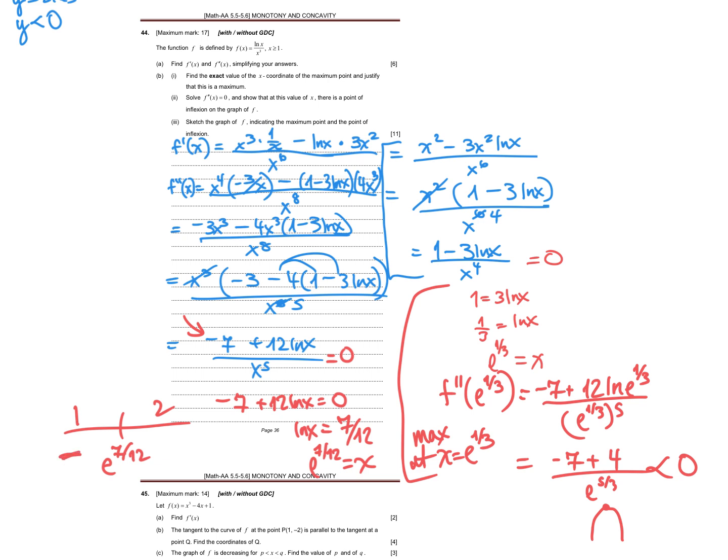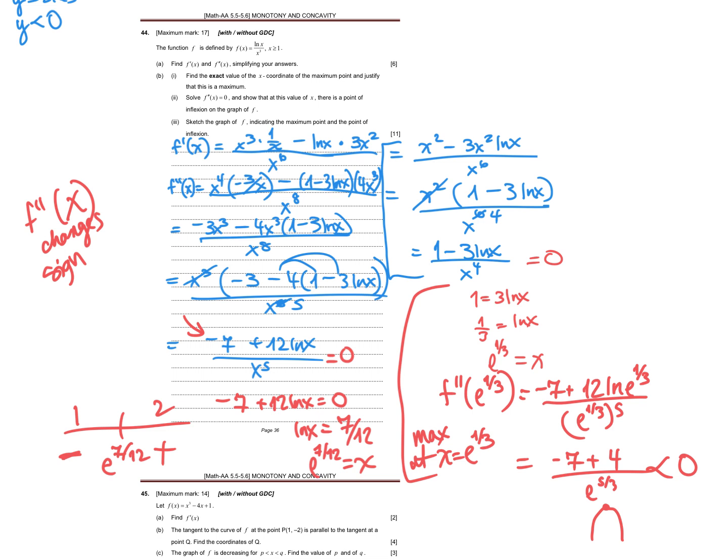This is negative. 2, we're going to have negative 7 plus 12 natural log 2. That's a positive over a positive, so that's positive. So since it changes sign, the second derivative changes sign before and after the point of inflection.